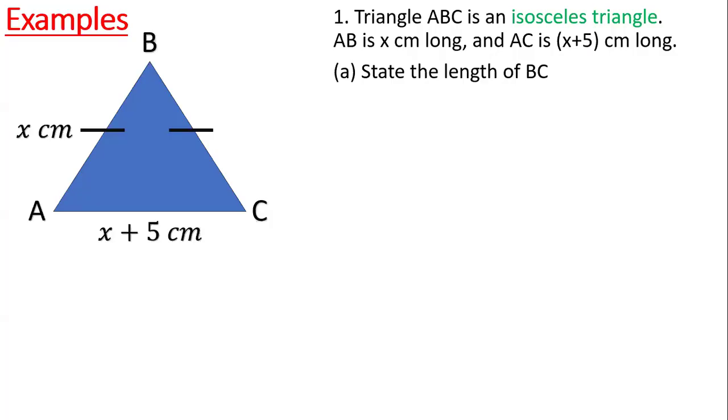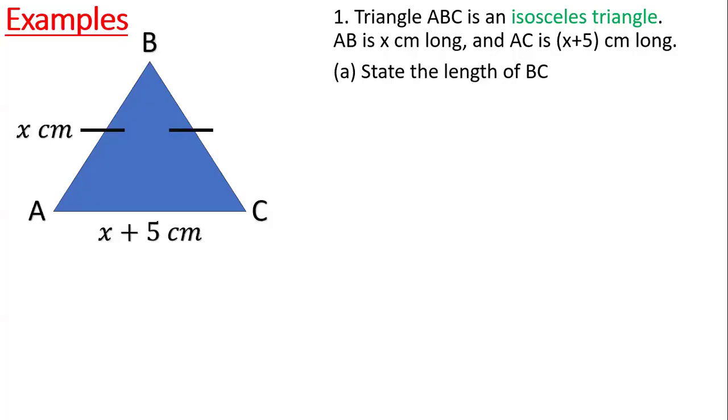AB is x centimeters long and AC is x plus 5 centimeters long. State the length of BC. Good. Chad Monroe, read this question for me, please. Triangle ABC is an isosceles triangle. AB is x centimeters long, and AC is x plus 5 centimeters long. State the length of BC.